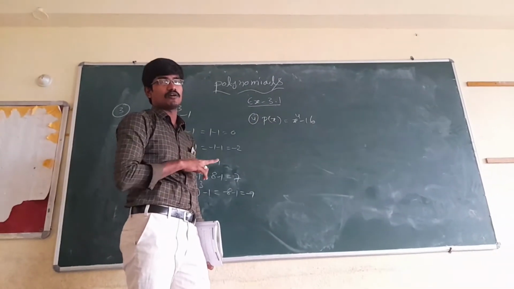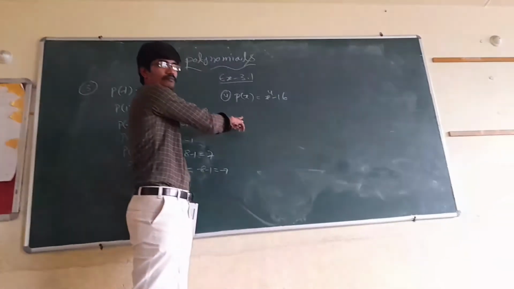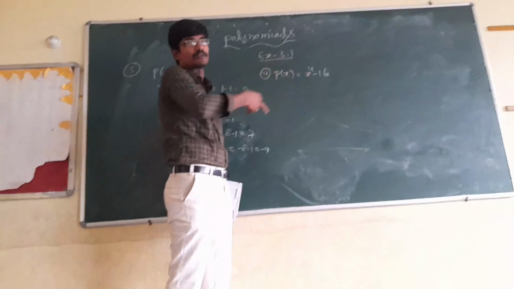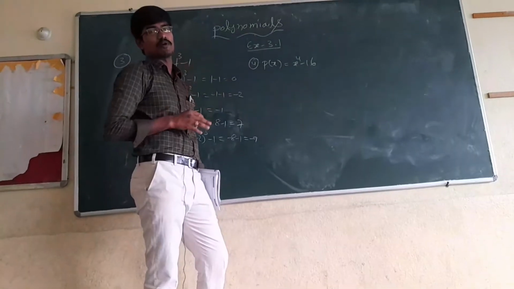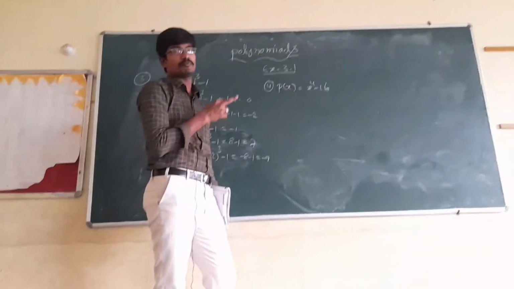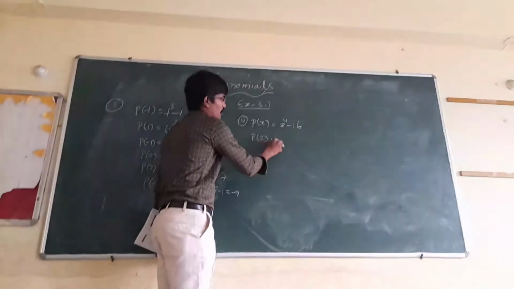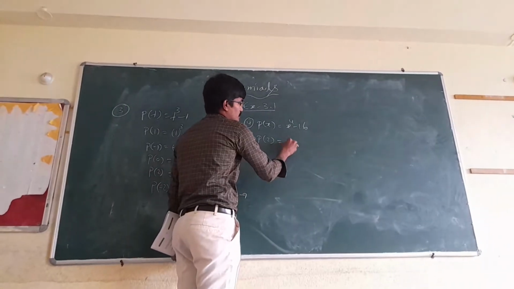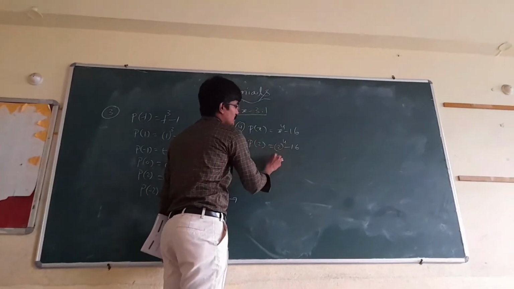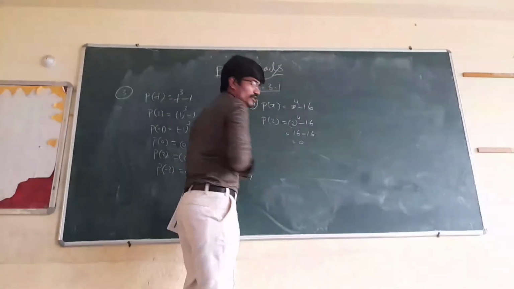Zeros of the polynomial means if you substitute 2 here, the answer 0 will come. Otherwise it is not a zero of the polynomial. So which numbers do we want to check? P of 2 and P of minus 2. First take 2, P of 2. What will come, sir? 2 power 4 minus 16. 2 power 4 means 16. 16 minus 16, answer is 0.